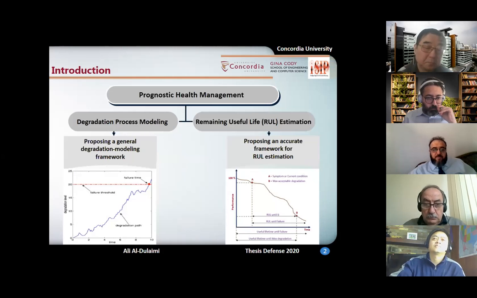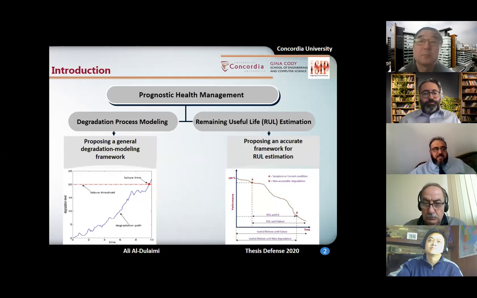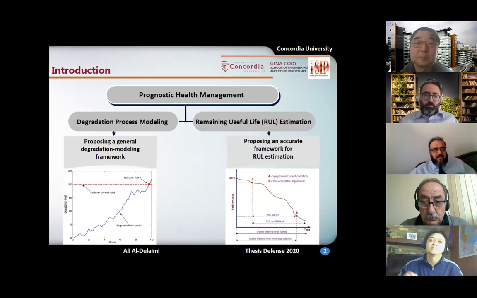This thesis belongs to the field of prognostic health management. So what is prognostic health management? Prognostic health management is a key enabling technology in several industrial and manufacturing applications to provide an early warning of impending failures and to determine the remaining useful life of machinery.